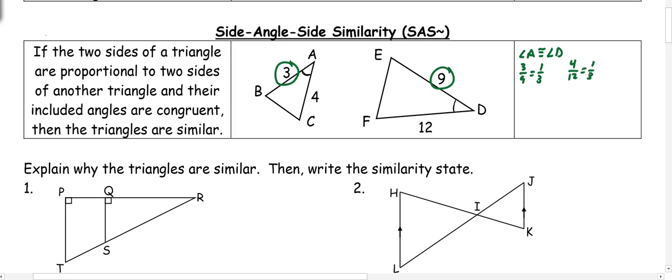So we do have two sets of sides that are proportional. So we can say triangle ABC is similar to triangle DEF by side-angle-side similarity.